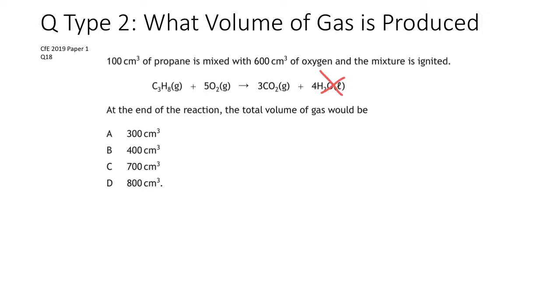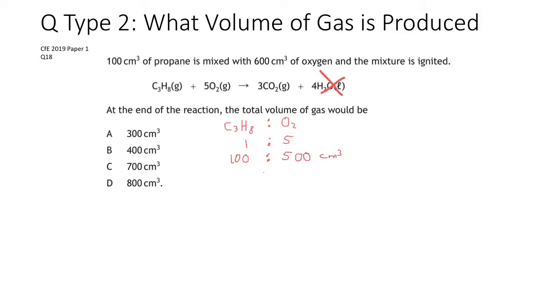And then we have to look at our propane and oxygen and decide which is in excess and which is limiting. So from our mole ratio in the equation, we know that propane reacts with oxygen in a ratio of 1 to 5. It says we have 100 centimetres cubed of propane. So for all that propane to react, we'll need 500 centimetres cubed of oxygen. Going back to the question, it says there's 600 centimetres cubed of oxygen.